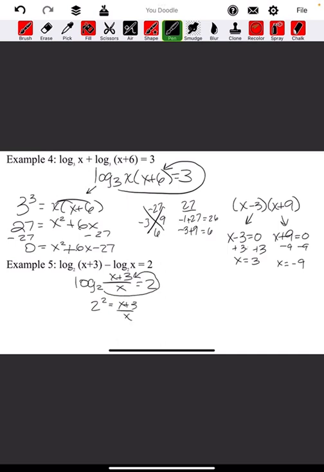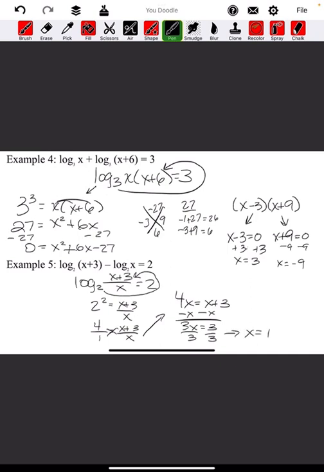Now we rewrite it as (x minus 3)(x plus 9). To solve, we get x minus 3 equals 0 and x plus 9 equals 0. I add 3 to both sides and get x equals 3.